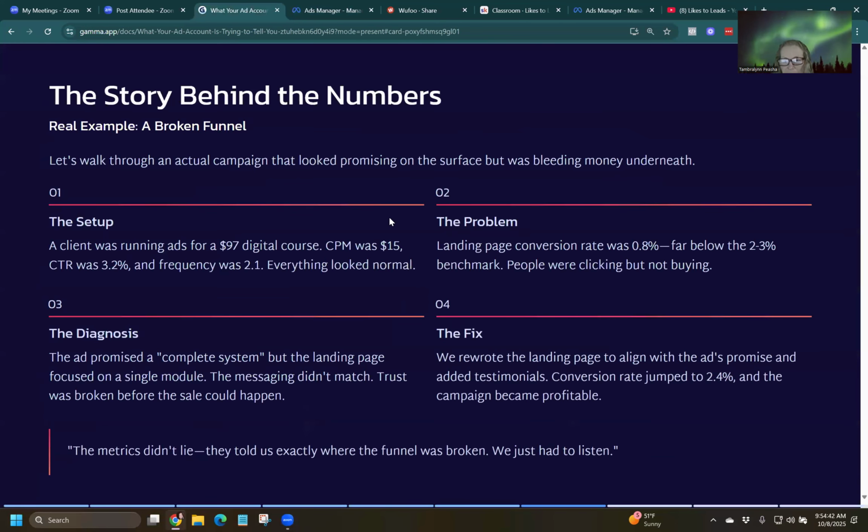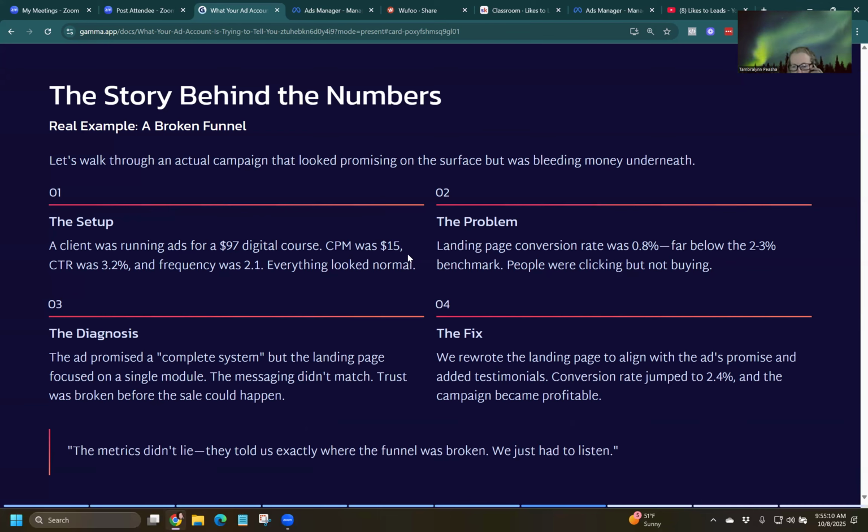So here we are, looking at this example. This is going to be more like a story problem. Do you remember back in grammar school when you had a story problem? Here's the story, you've got to figure out the math. So say you've got a $97 course, right?